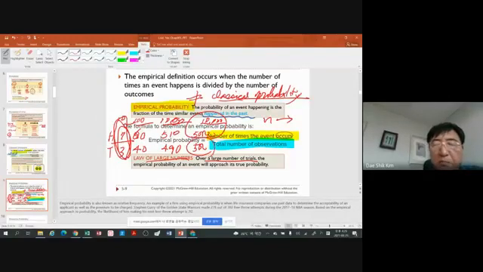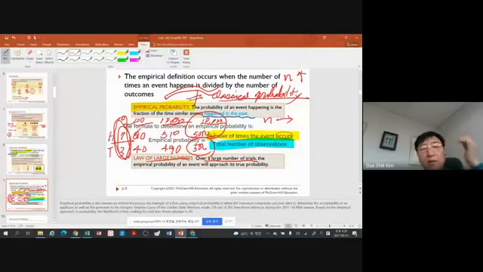Actual empirical probability will be close to classical probability. It will be similar when n becomes bigger. Over a large number of trials, the empirical probability will approach the true probability, meaning classical probability. When you repeat and repeat your trial, it will be close to the true probability.